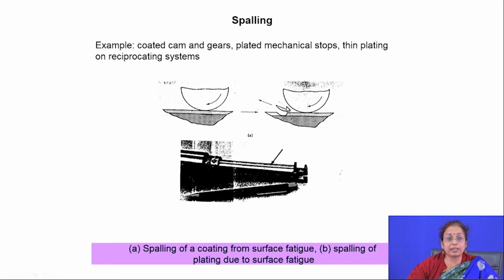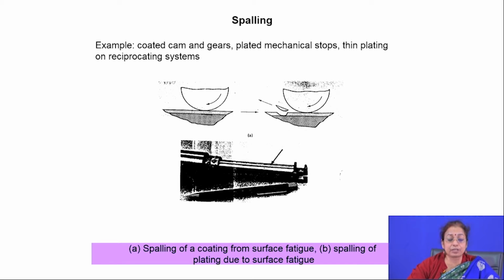So, spalling wear is quite a dangerous form of wear. Where there is a possibility of spalling wear, you have to avoid the coated surface or use a surface-treated component where the interface is very strong and adherent.